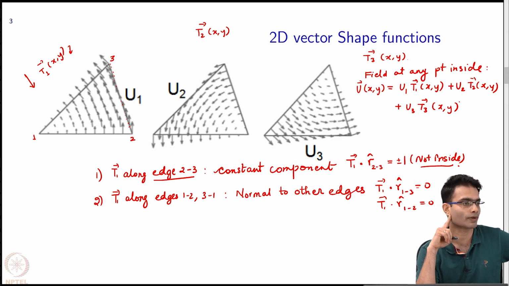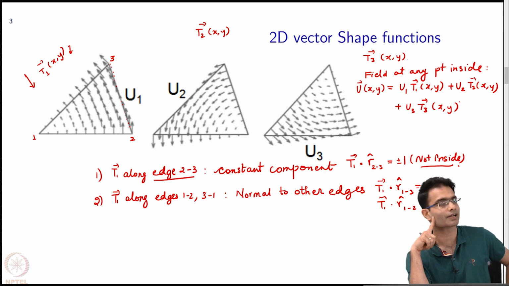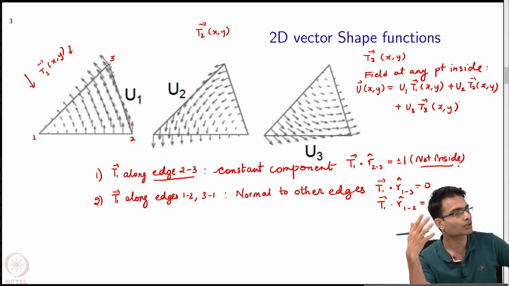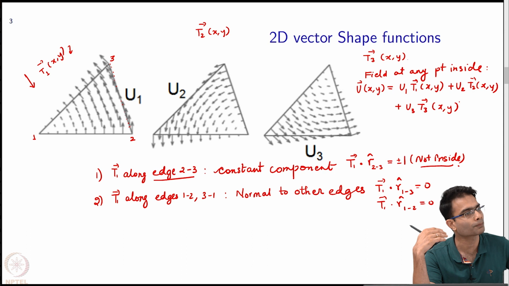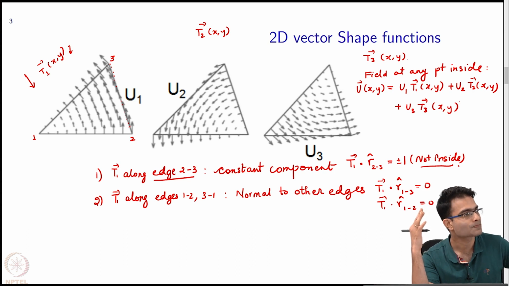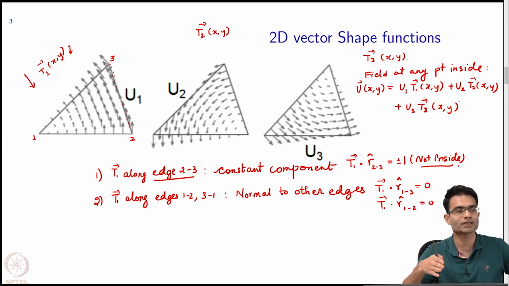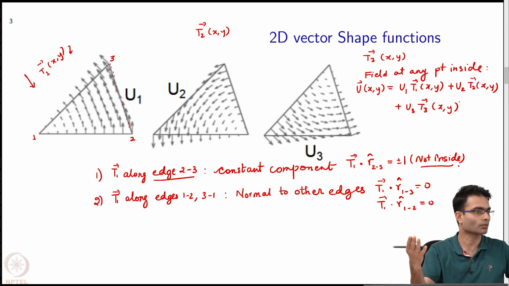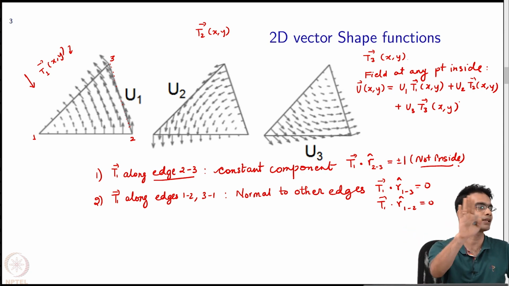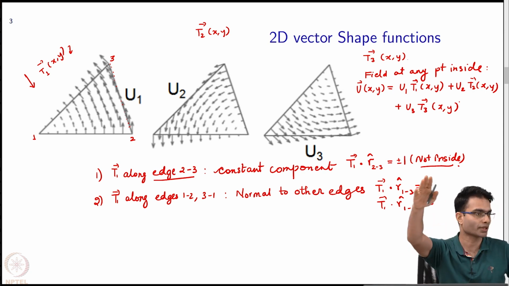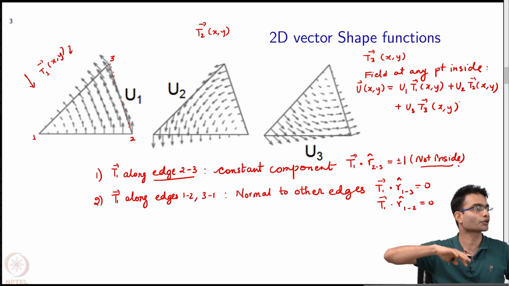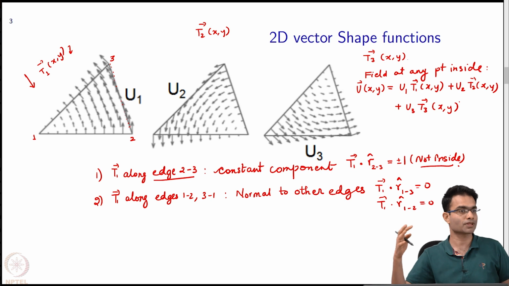So, what is the advantage of doing this? My unknowns are the tangential components of the field, right. If I go along any one of the edges, what will I get? I will get 1 or minus 1. So, I just multiply that by u1, u2, u3, and these are my unknowns now. In the problem that I formulate, I said I wanted to do a vector based formulation, that means my unknowns needed to be vectors.